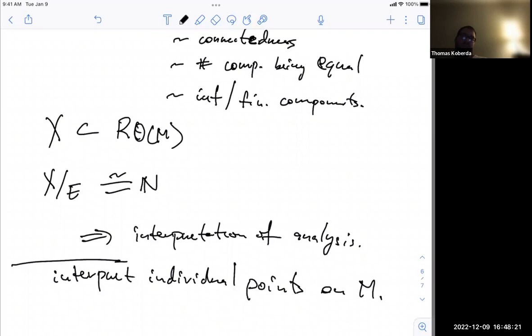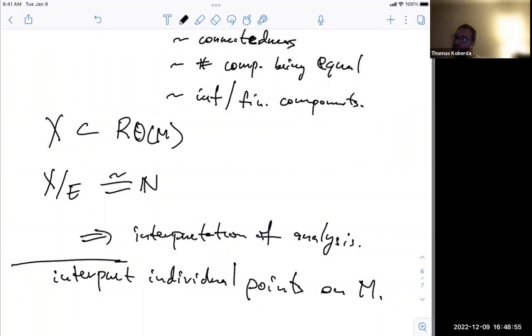Rubin does this in his work too. He calls these good ultrafilters, which are the ones that isolate particular points. But you can't really quantify over these. You can't really build these ultrafilters inside of regular open sets with a first order language, or not in an obvious way, even if you have interpreted analysis already.